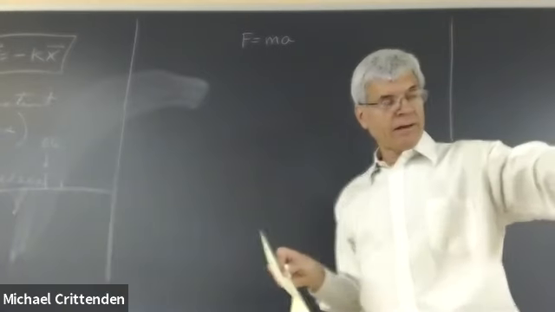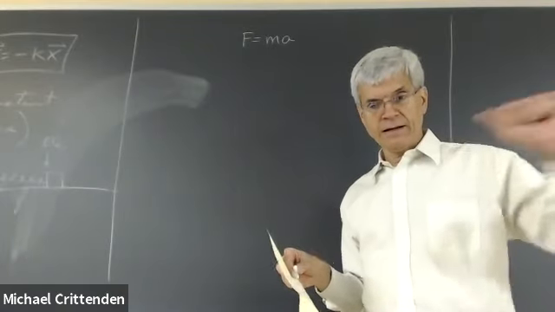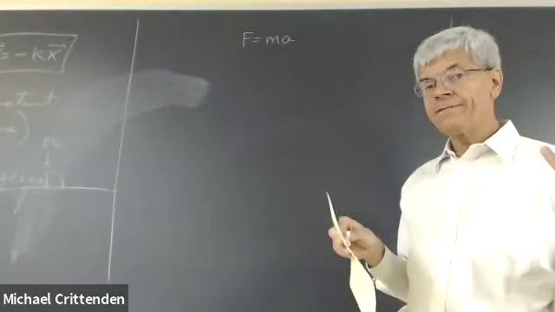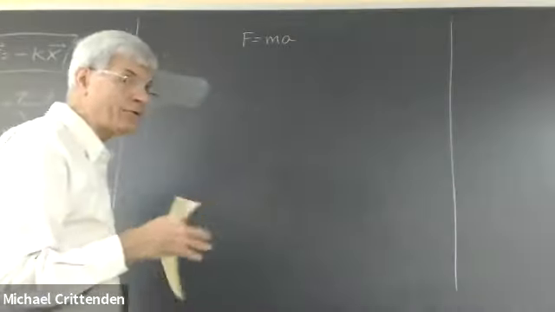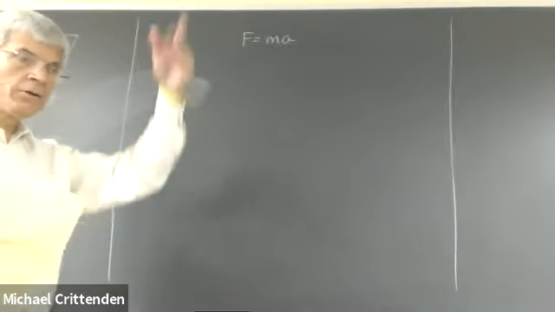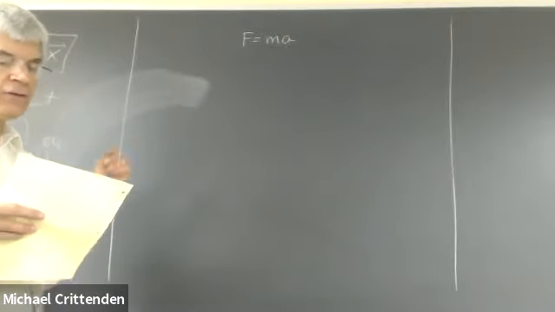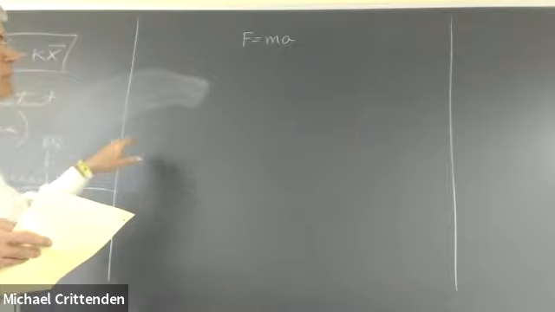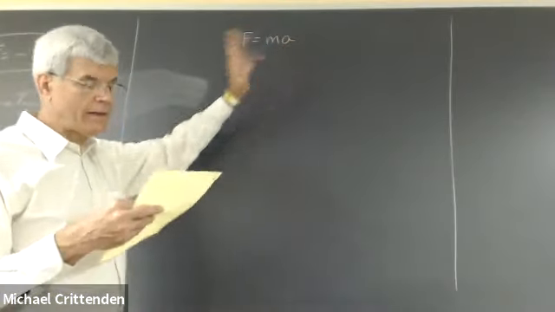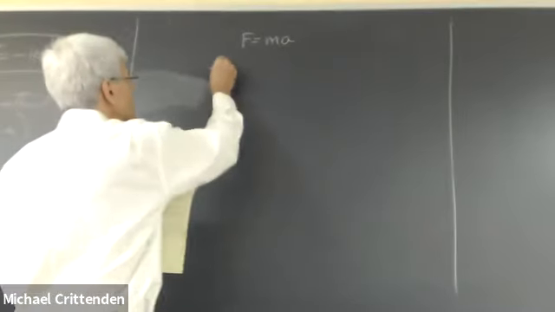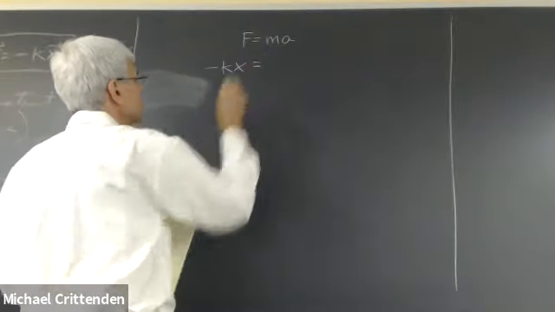In the horizontal case that I drew out on the handout, the only force in the x direction is the Hooke's law force. I mean, you've got the weight and the normal force in the y direction, but they cancel each other out. We're interested in the x components because that's the direction where it's accelerating.